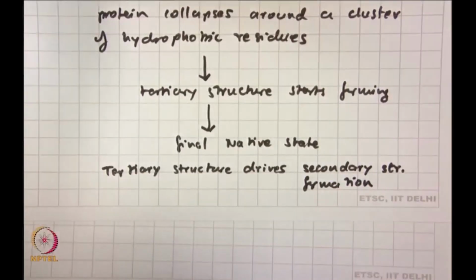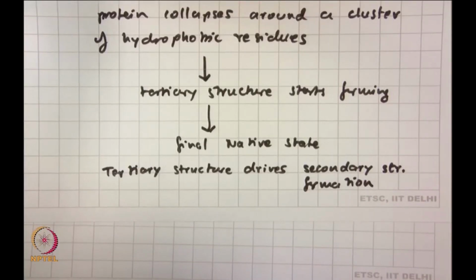Okay. Tertiary structure drives secondary structure formation. This is a huge difference from that of the nucleation model. Okay. So, the first and third ones, they go through intermediates, the second one is not going to go through an intermediate, right.